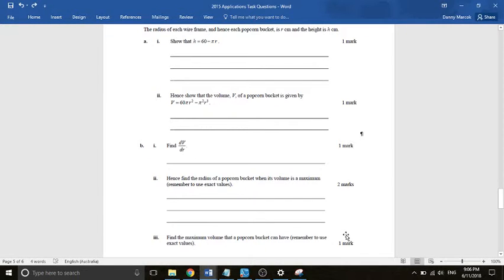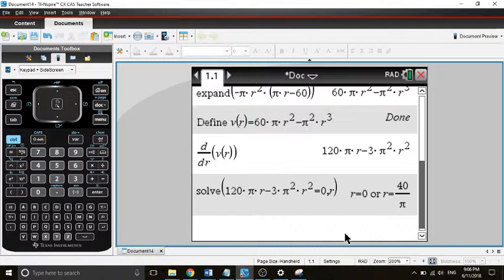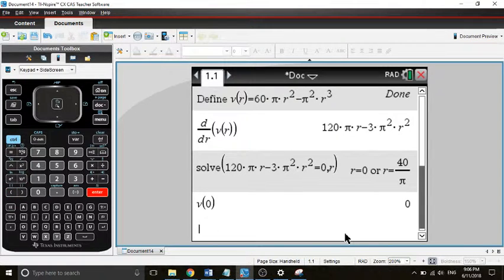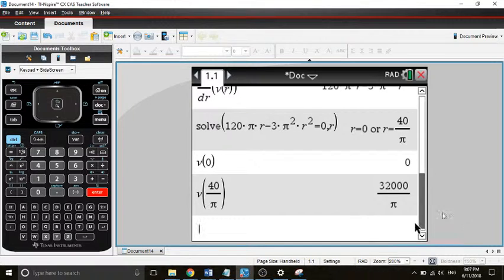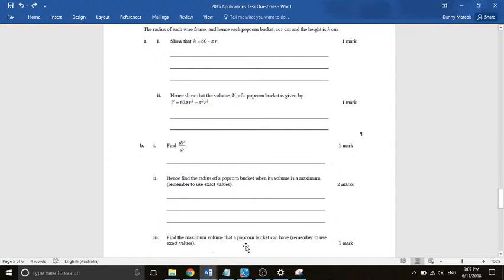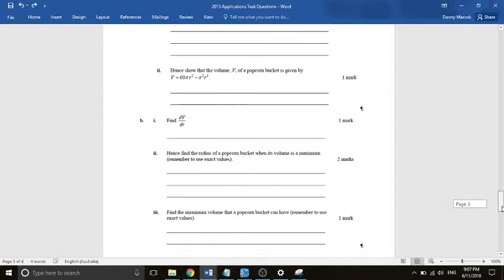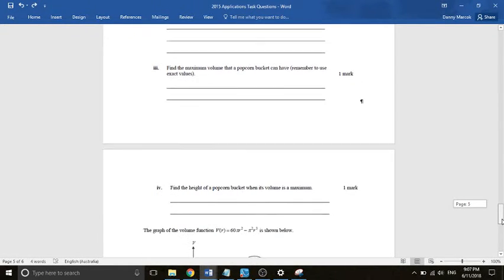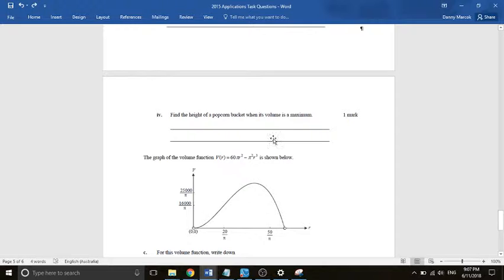Find the maximum volume. So V of 0, and V of 40 over pi, we end up with that value there. So that's our maximum volume. That's what we end up with for question B part 3. Find the height of the popcorn bucket when the volume is at maximum.